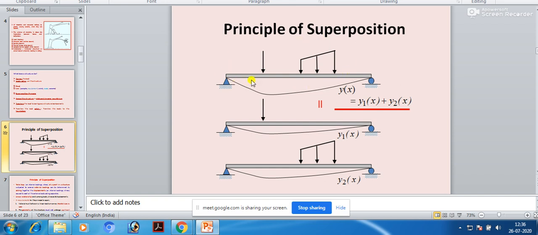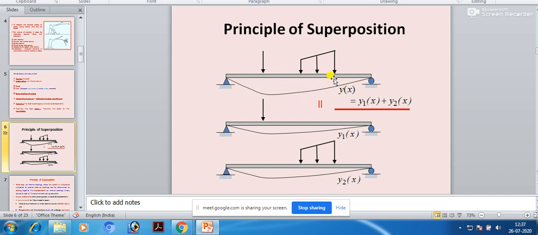The total structure is supporting two loads: one is your point load and one is this uniformly varying load.